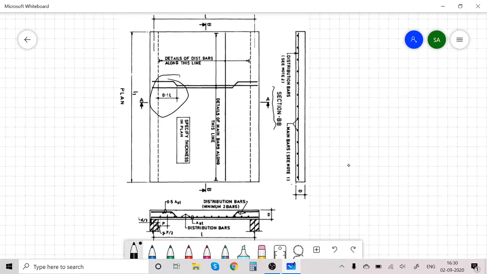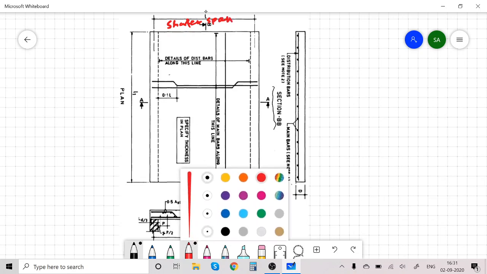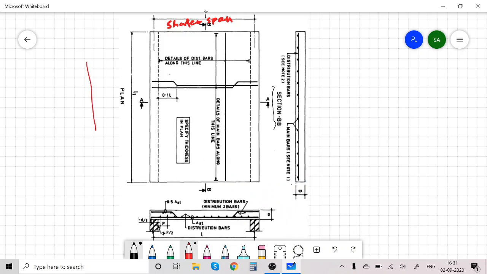See, this is our shorter span, whereas this is the longer span, Ly.